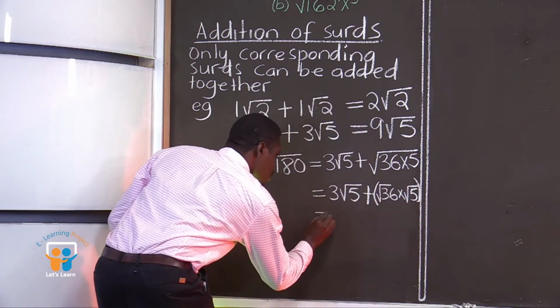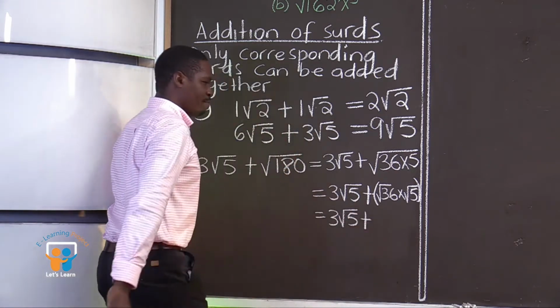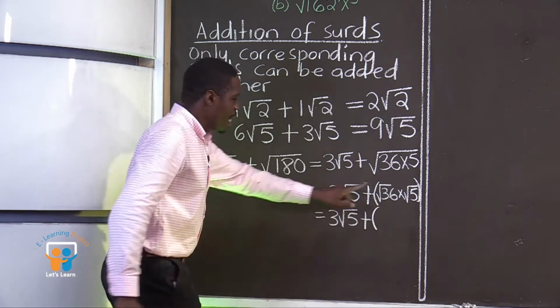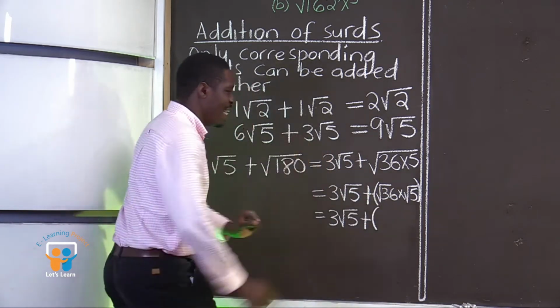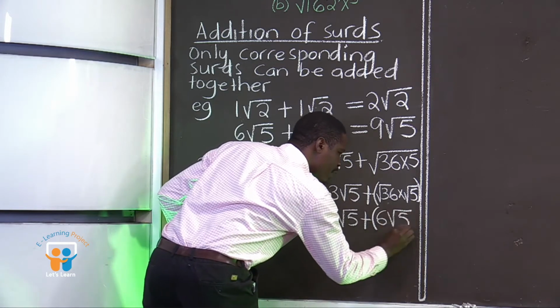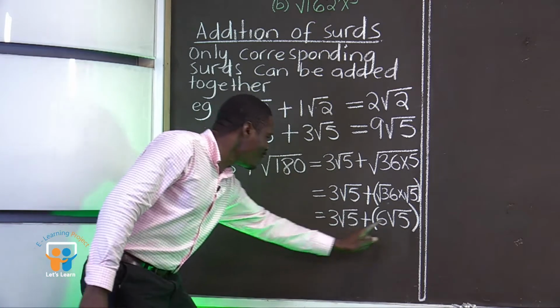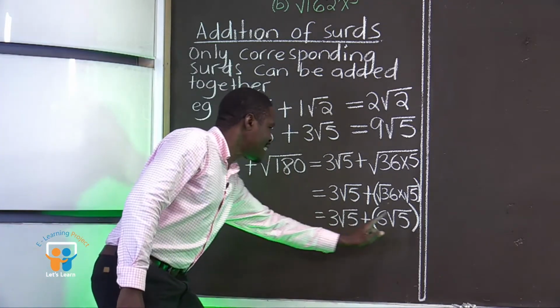Good. So this will equal 3 root 5 plus, in brackets, the root of 36 is a 6. 6 times root 5 gives me a 6 root 5. Aha! Are they not corresponding now? Are they not having the same radicand?